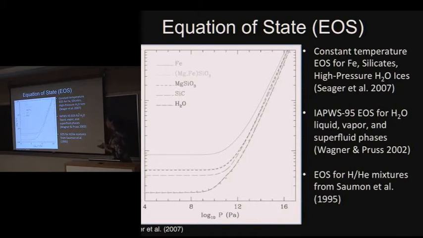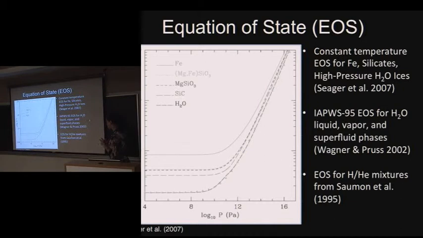In the rocky layers, the iron and silicate layers, thermal corrections only have a very small effect on the planet mass-radius relation, on the order of 1%. So in the iron and silicate layers, I'm actually taking constant temperature equations of state from Seager et al. 2007.